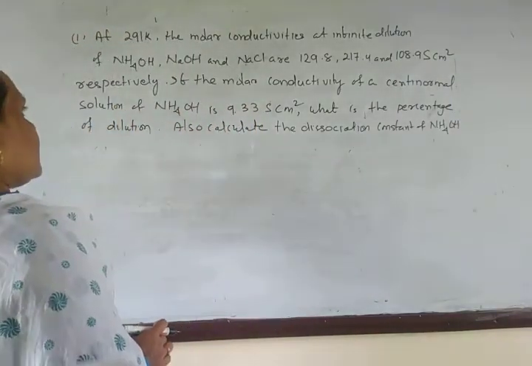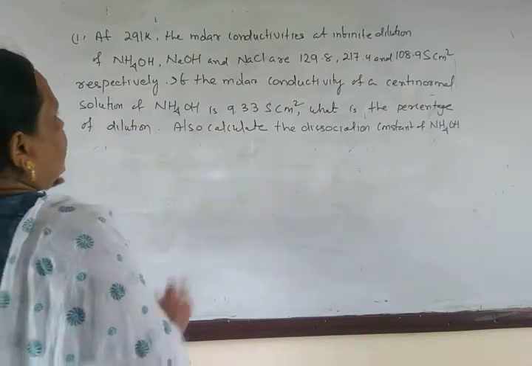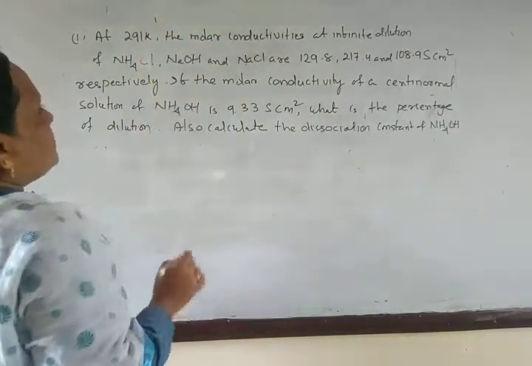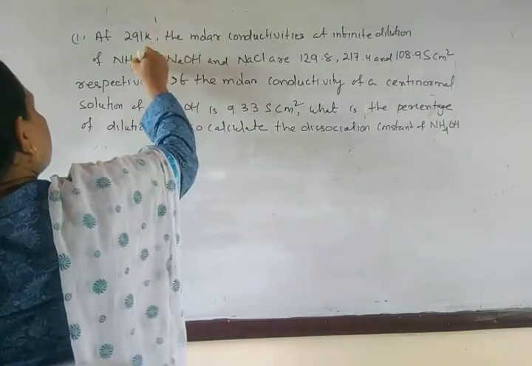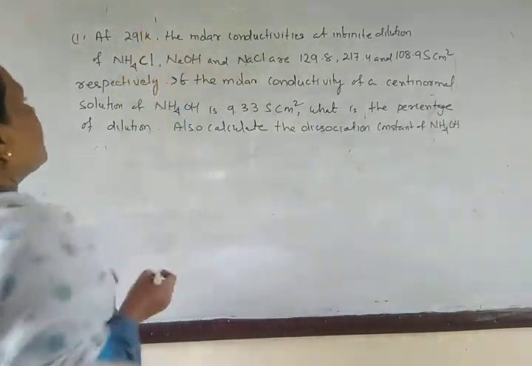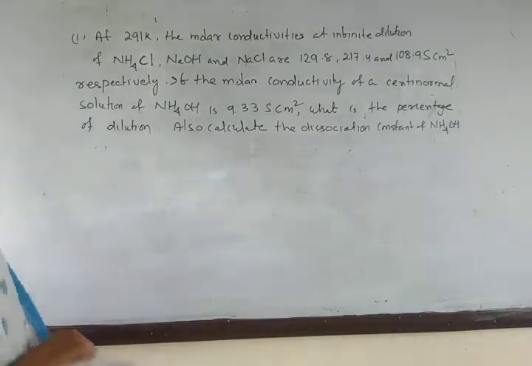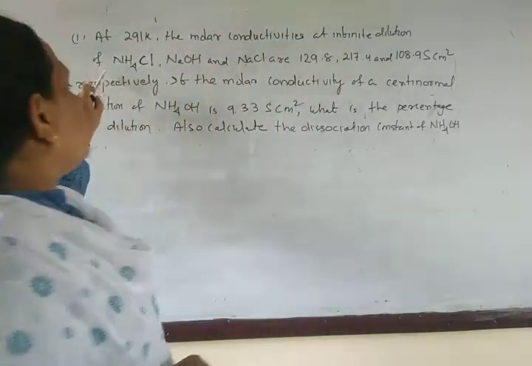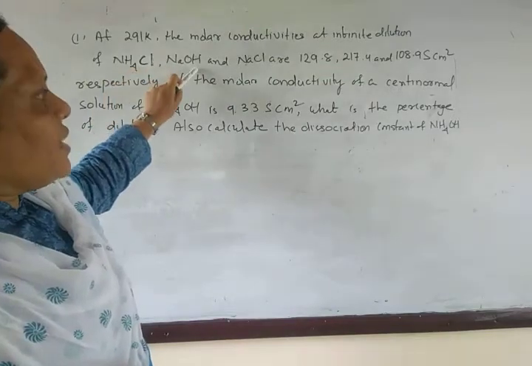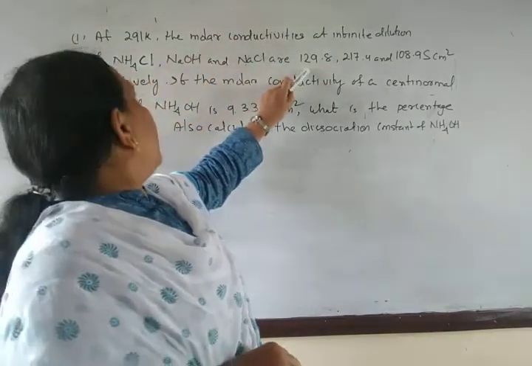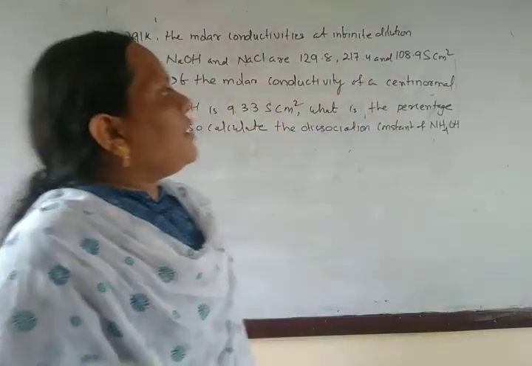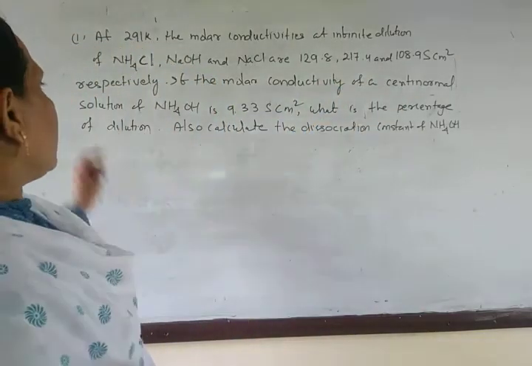Actually, instead of ammonium hydroxide, this should be NH4Cl. Okay, the question is somehow wrong. At 291 Kelvin, the molar conductivity at infinite dilution of ammonium chloride, sodium hydroxide, and sodium chloride are 129.8, 217.4, and 108.9 S cm square mole inverse respectively.